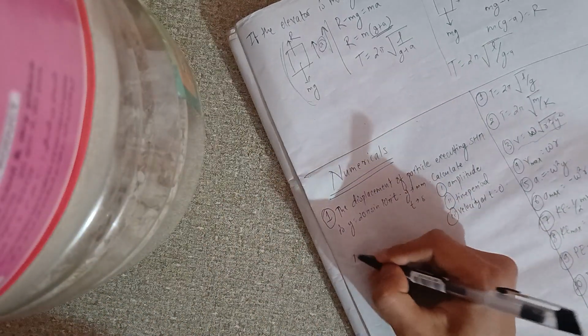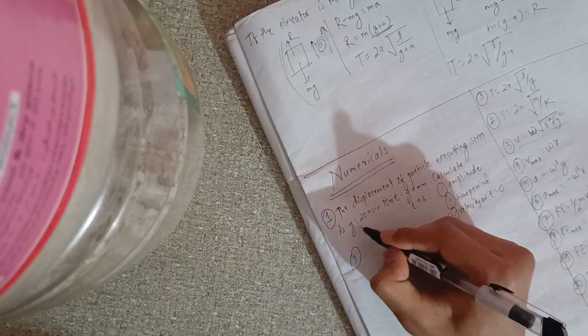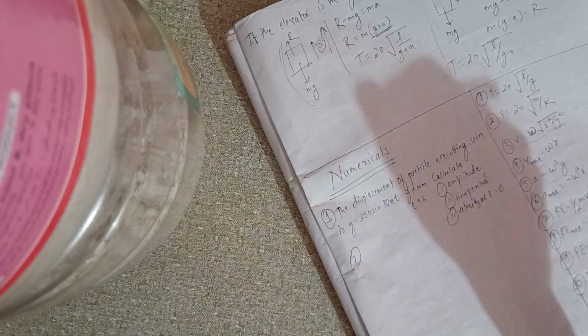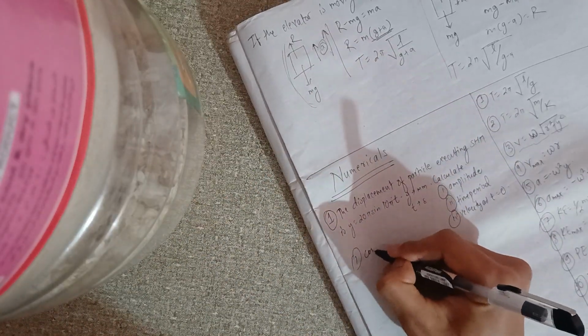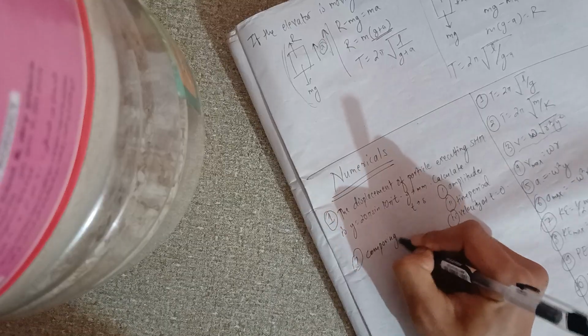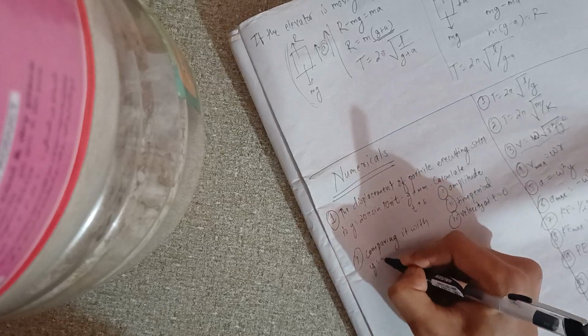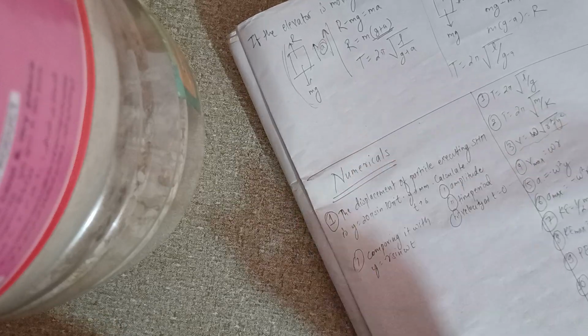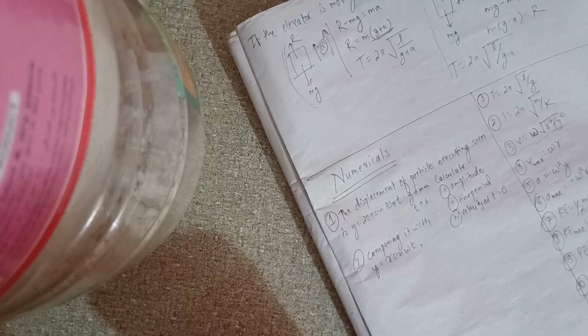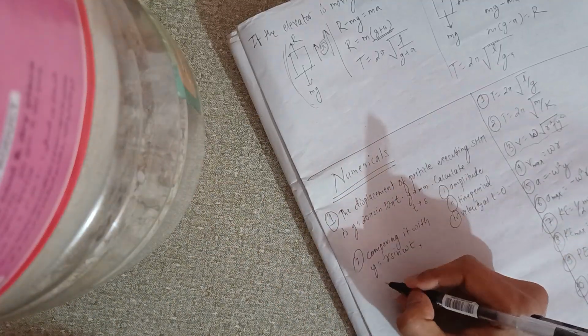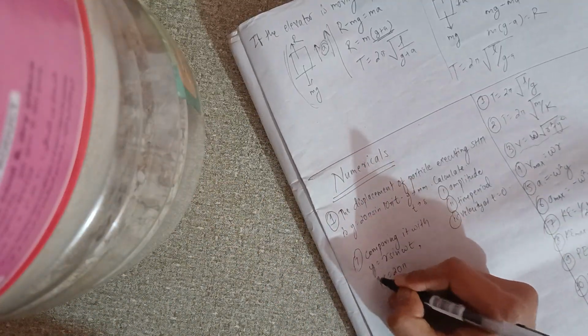Now to calculate amplitude, I told you very early that for a sinusoidal graph the amplitude will be equal to radius, and if we compare this, what is the formula? Y equal to r sine omega t. If we compare it to that, then we will find out that r equal to 20 pi, which is the answer.